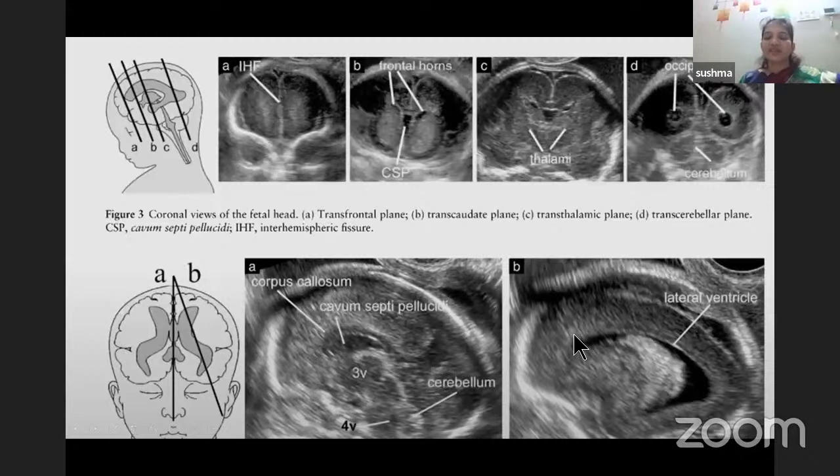The next sagittal section passes through the lateral ventricle, and this is the lateral ventricle. This is the anterior horn of the lateral ventricle. This is the lateral horn or the temporal horn, and this here is the posterior horn or the occipital horn of the lateral ventricle. This is called the tri-horn view.